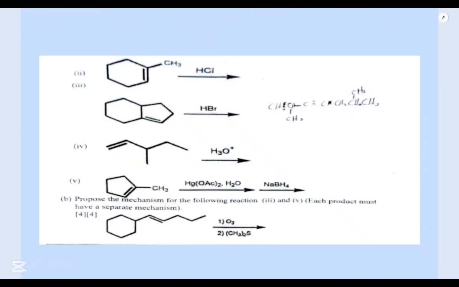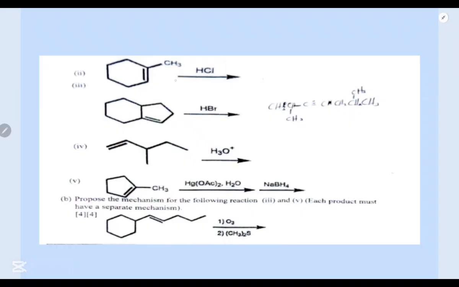Diving into the last example that we have, last questions. So question 2 here, this alkene is subjected to hydrochloric acid.